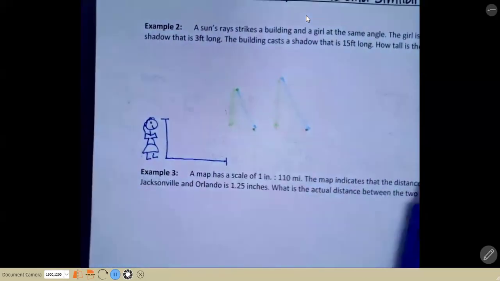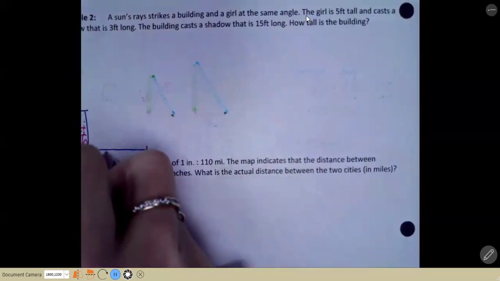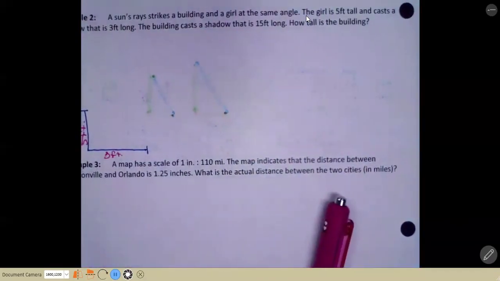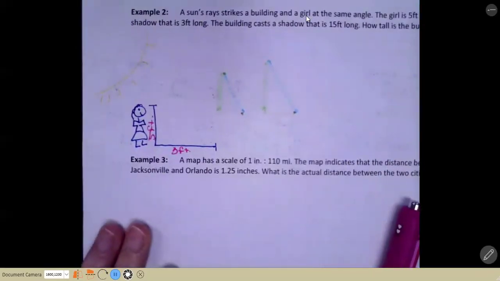How many feet tall is she? She is 5 feet tall. And how far is her shadow? 3 feet. Okay, and our beautiful sun is coming from this direction. Do you really need to draw? No, but you know, it's fun sometimes. It actually helps you to see what's actually going on.